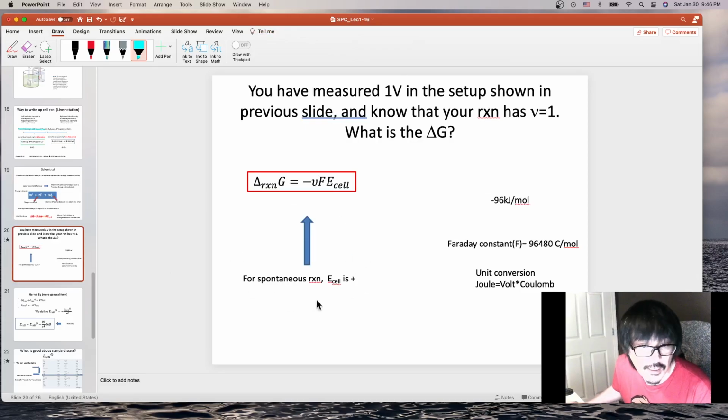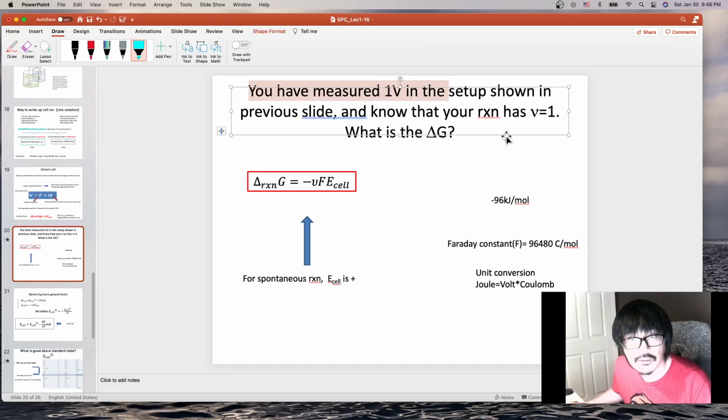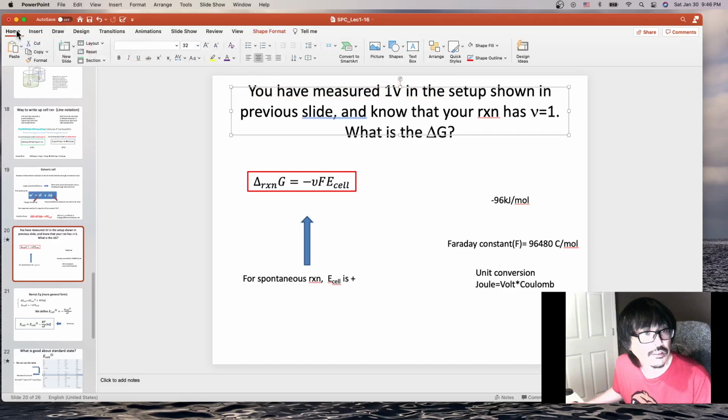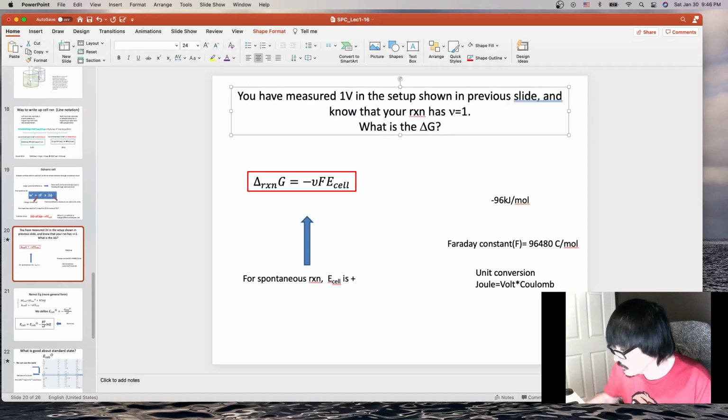Oh, actually, I had it right here, but that's okay. So the delta G of reaction is minus nu F E cell, right? So let's just say that you have measured 1 volt. Just change this font to be 28 or maybe 24.